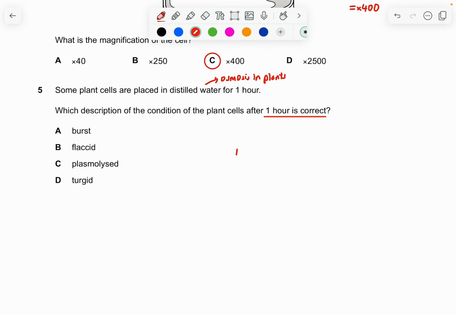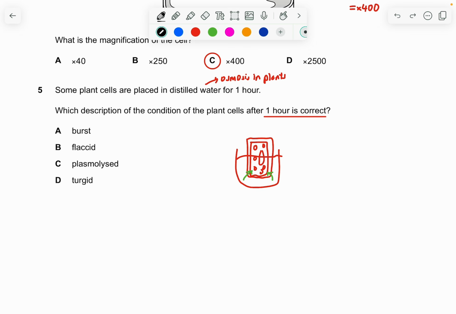For example, we have this particular cell, and it's placed in the water like that. When you submerge it, you know that it also has a cell wall. So what happens after 1 hour is that water will enter into the plant cell. So the answer is that it becomes turgid.